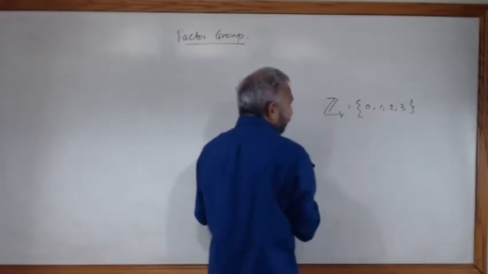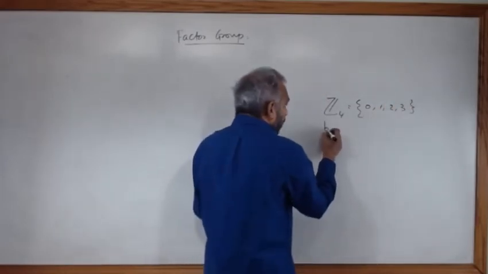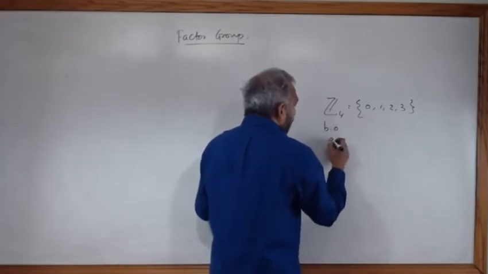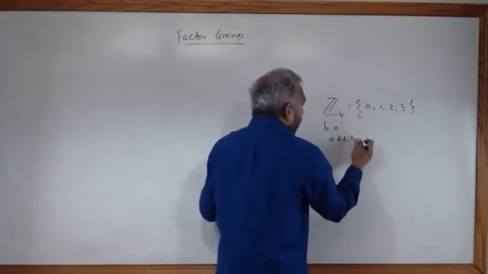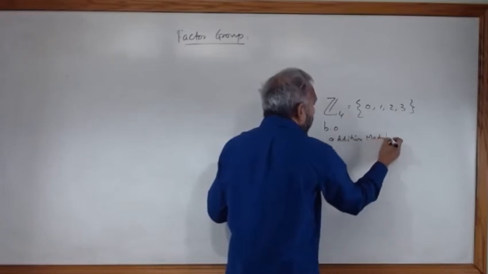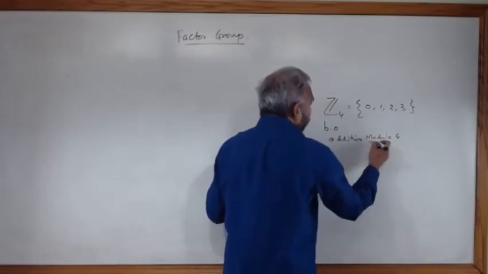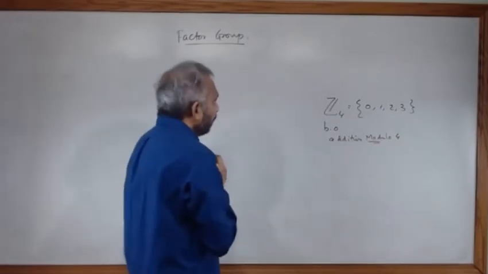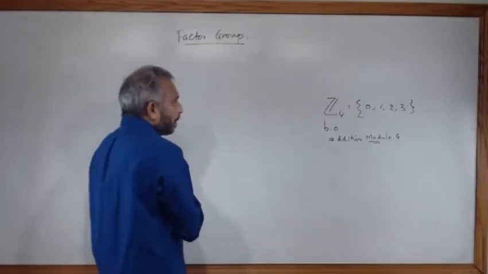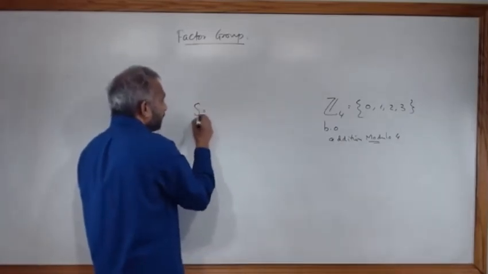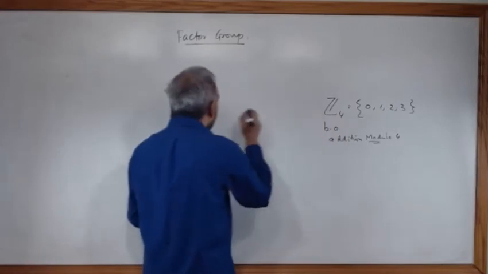C4 is a group with a binary operation of addition modulo 4. We'll take another set. Yes, this is just a set. This is a group.